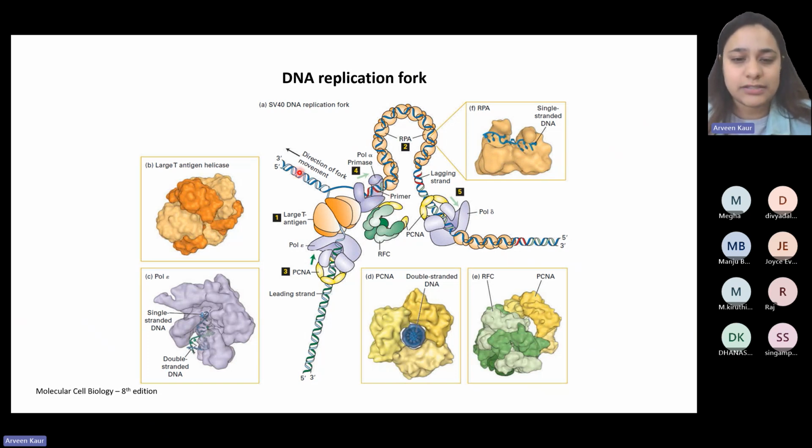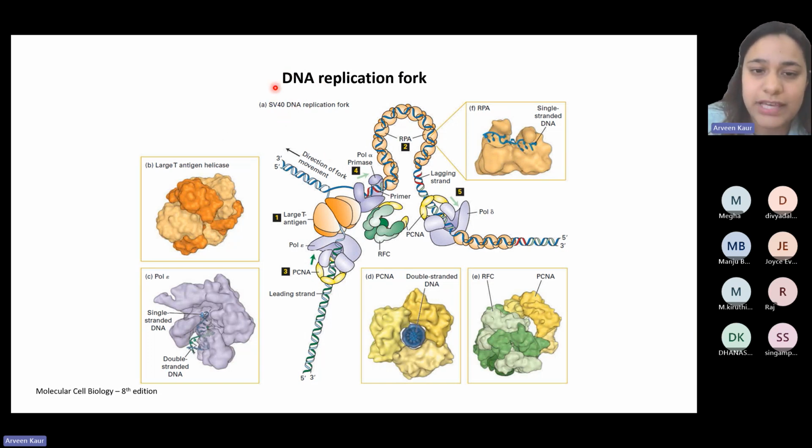So at this replication fork, we see that there are multiple other components that are also present, right? Let me first clarify. We are looking at a replication fork of SV40 DNA. SV40 is a viral particle, a DNA virus, right? I'm not recalling what exactly SV stands for, but it is a virus and it has DNA as its genetic material.